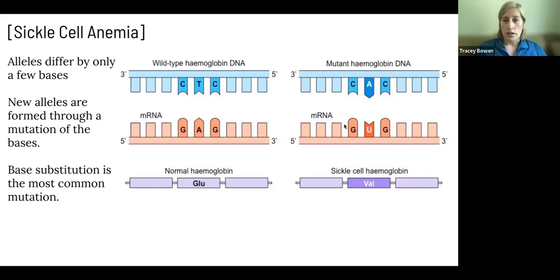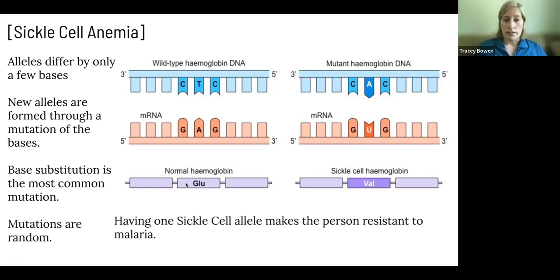This codon, GUG, codes for an amino acid valine, but GAG is going to code for glutamic acid. As a byproduct of that, glutamic acid and valine have different structural components. When valine is introduced into red blood cells, it makes the red blood cells lose their circular shape, and instead it becomes like a crescent moon shape.